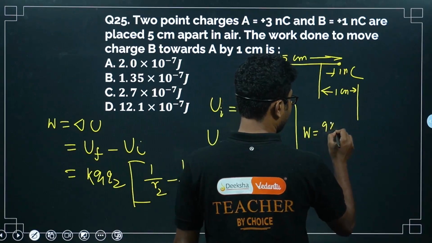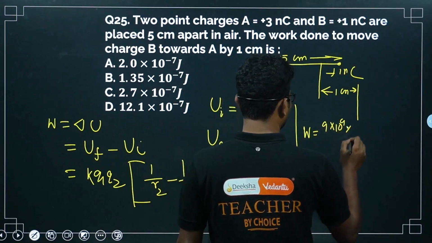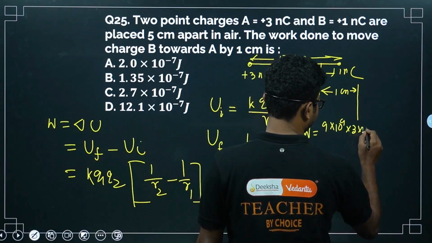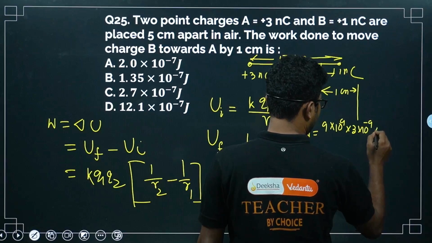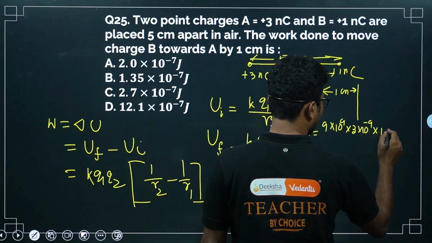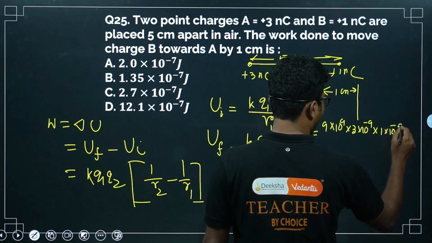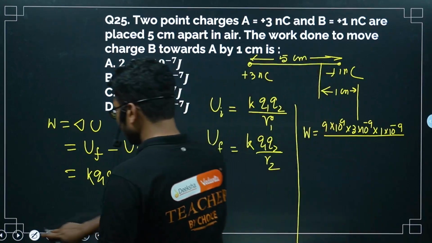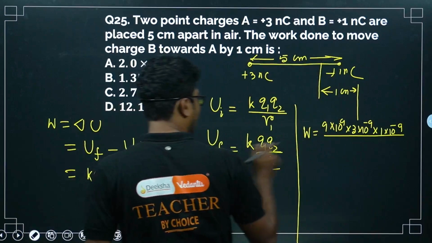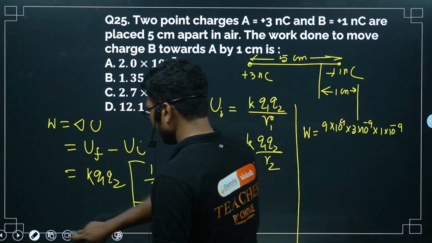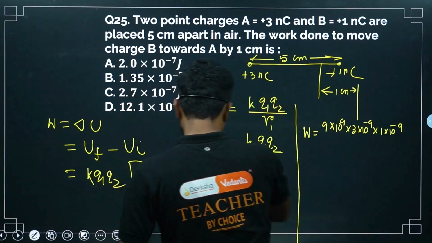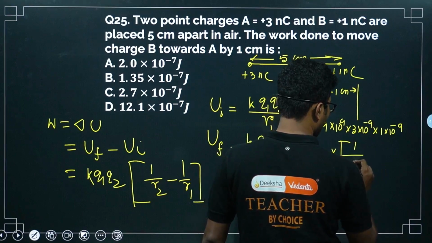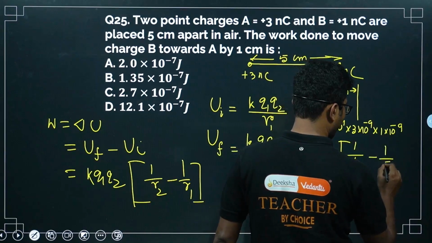K is 9 times 10 to the power of 9. Q1 is 3 nanocoulomb, Q2 is 1 nanocoulomb. Along with this you have to calculate this value, times 1 by 4 minus 1 by 5.